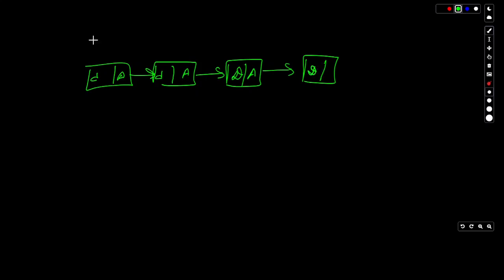At last, we say that this is the head of the linked list, and at a particular point we'll have to assign null, because if there is no next compartment, null tells us that our linked list has ended.